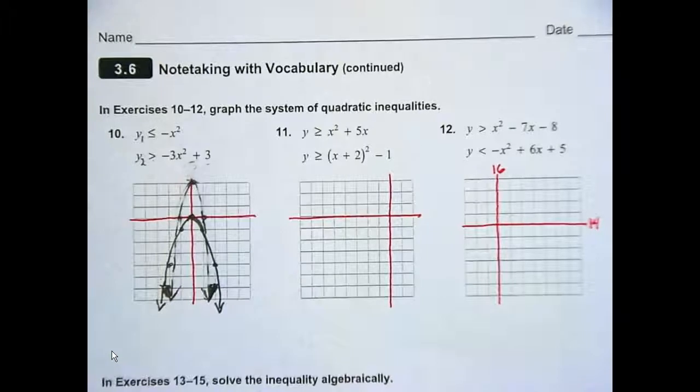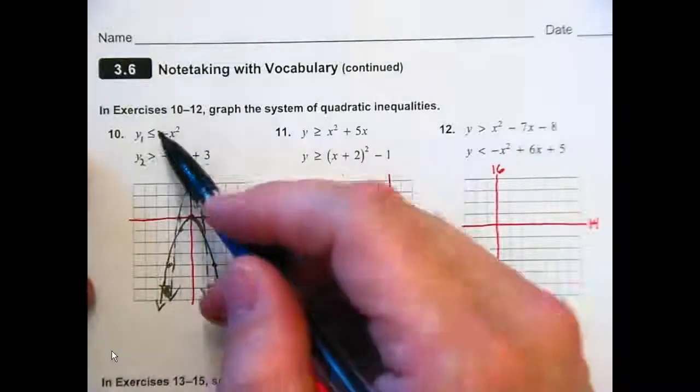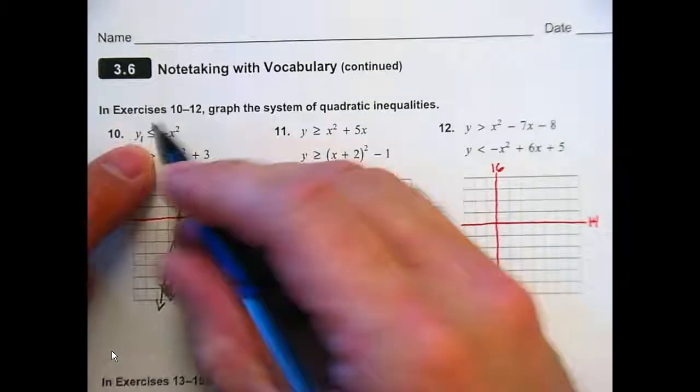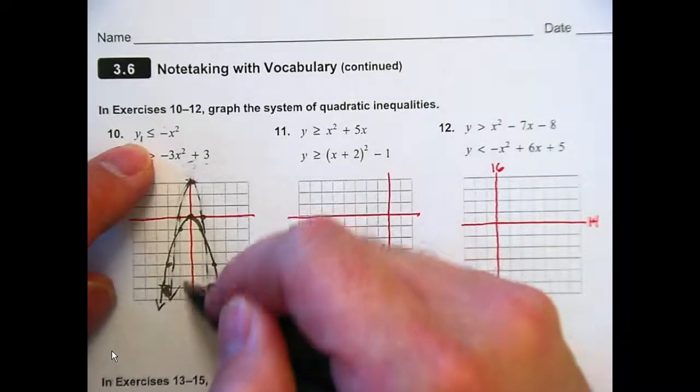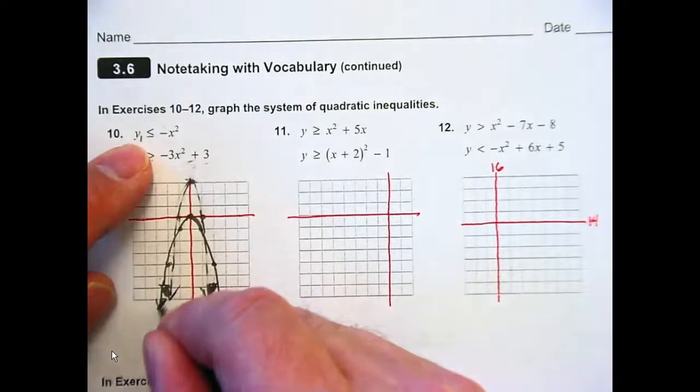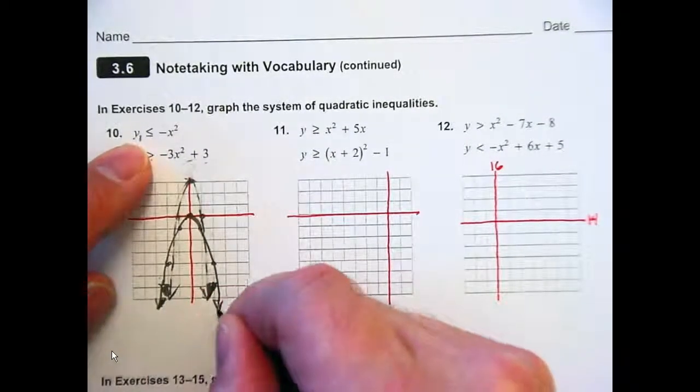Okay, do I shade inside or outside? Come on, stay with me. Inside or outside? Inside. At the y-axis, I go below it, so I shade inside, which means in my arrows, I am shading to the inside. Now, what I'm doing is I'm looking at my arrows.